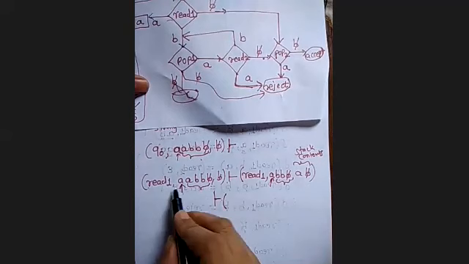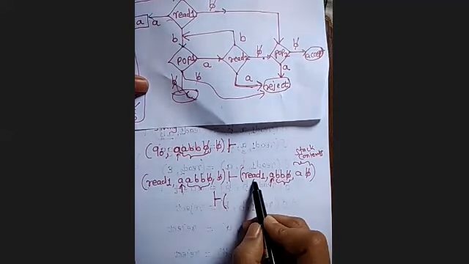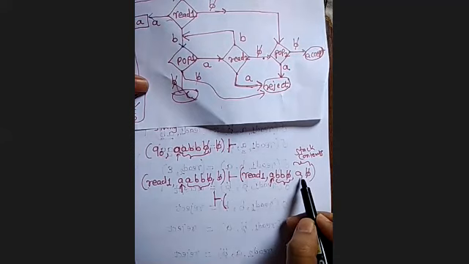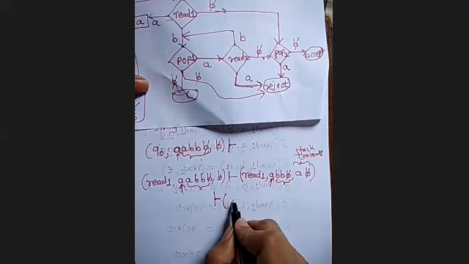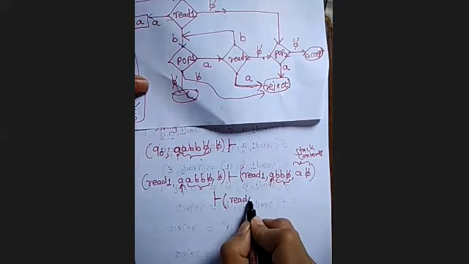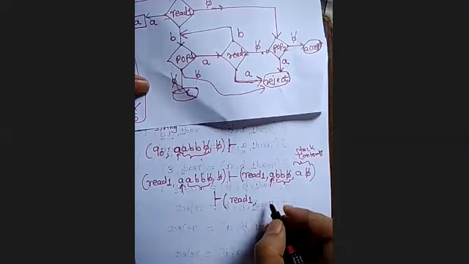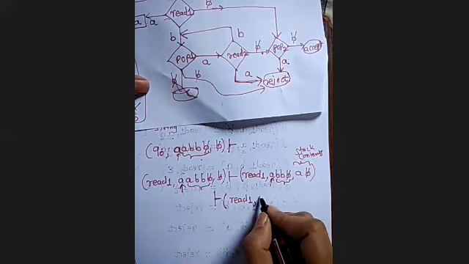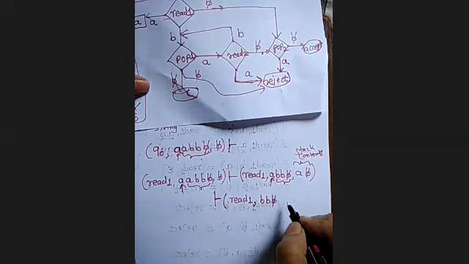Apply the equations now. Read one, a. What is our current state now? Read one, a, and the stack top symbol is a. So read one, a. What will you get? Read one is the next state. Okay. What is the w? W क्या आएगा फिर अभी यहाँ पे? BB blank, no? Yes or no?